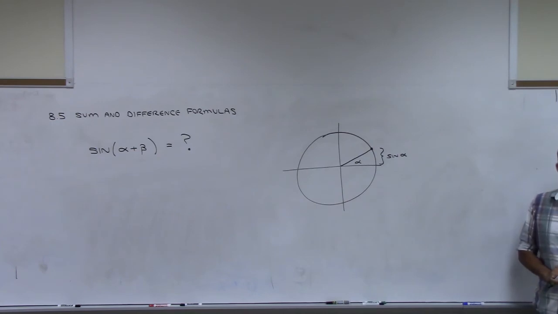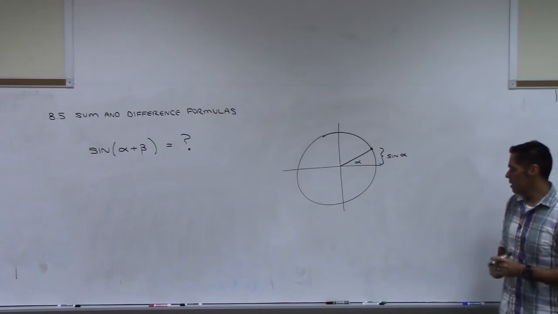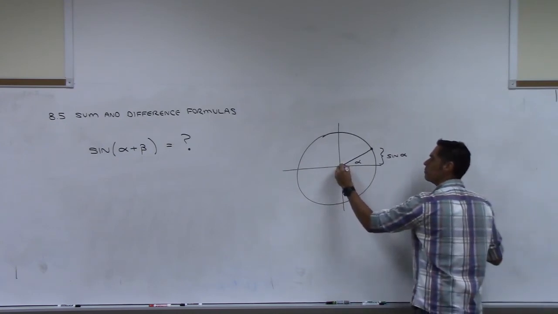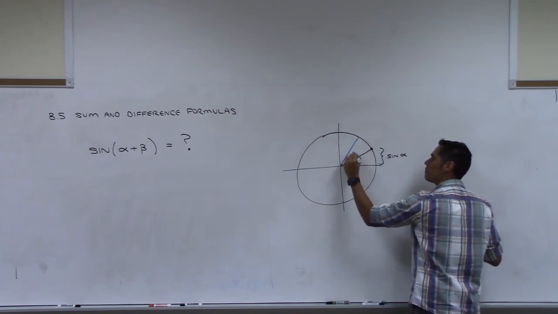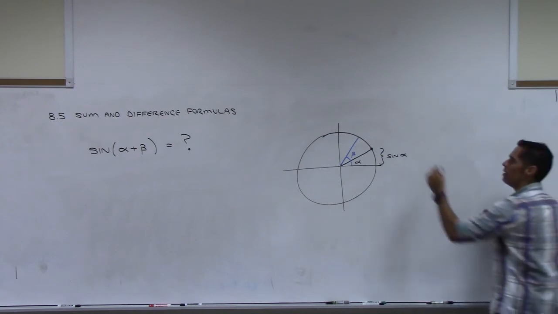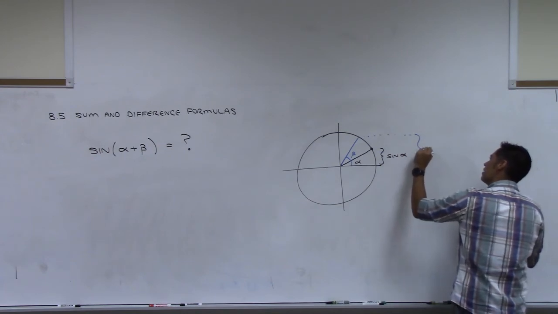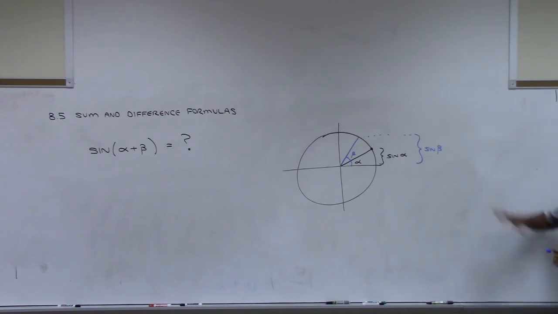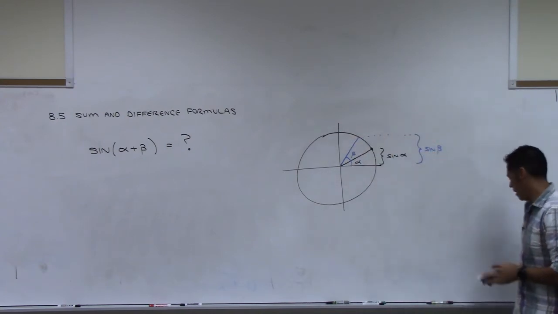Agreed? Because that's the y-coordinate. Now somebody gives me a different angle, beta. So beta goes from here to here. Then this is sine of beta, the y-coordinate.